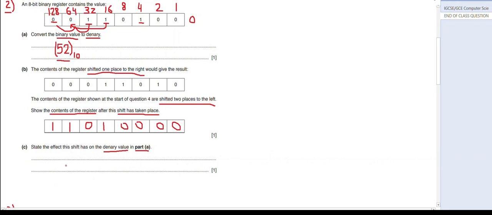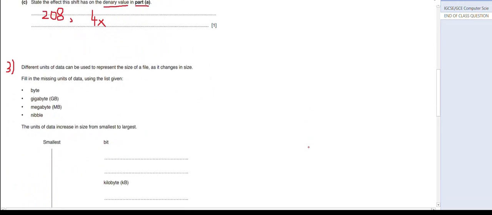This denary value will come 208 after the shift has taken place, and the initial one was 52. So what effect has it created? The denary value has been multiplied by 4, 4 times. This is the effect, right?